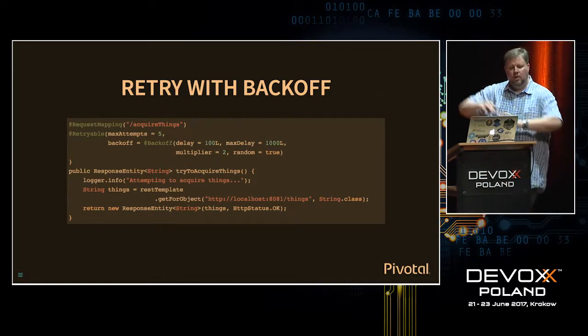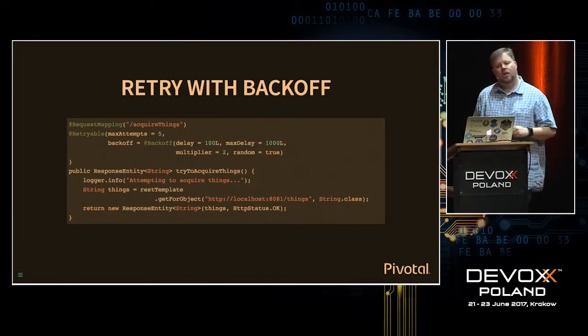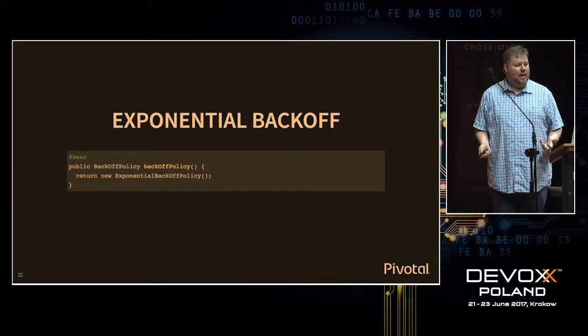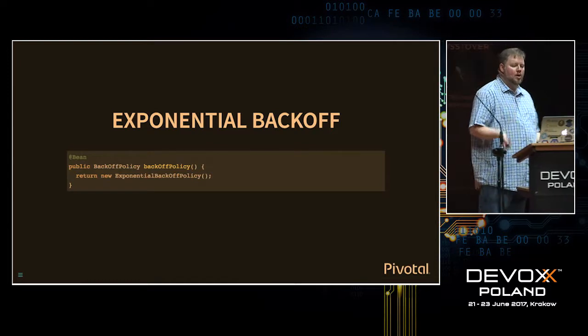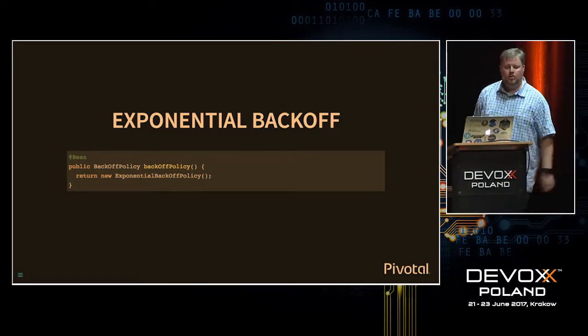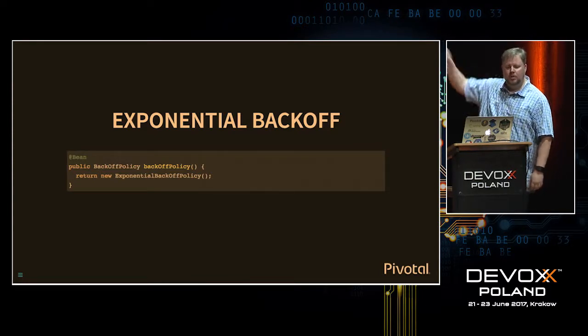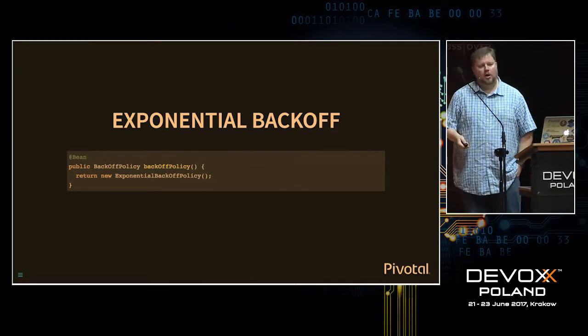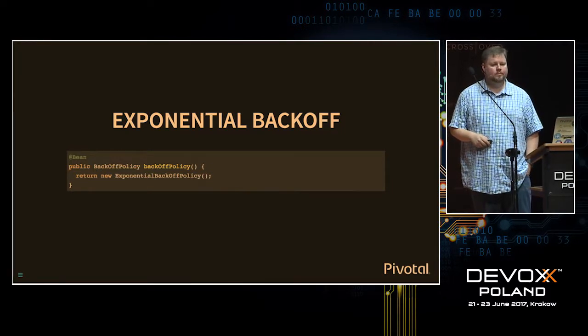If I want to move away from a uniform backoff strategy to an exponential backoff strategy, I can simply add a bean of type BackOffPolicy, and there are several of these provided in the library. One of those is exponential backoff. You simply declare this bean, and then all of your retries are going to become exponential backoff-based retries.